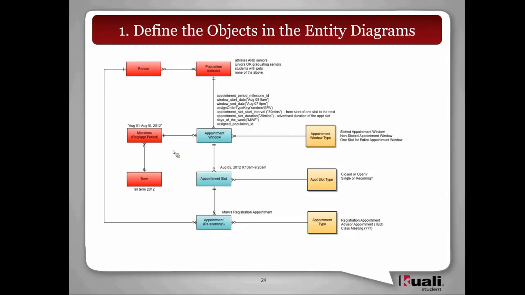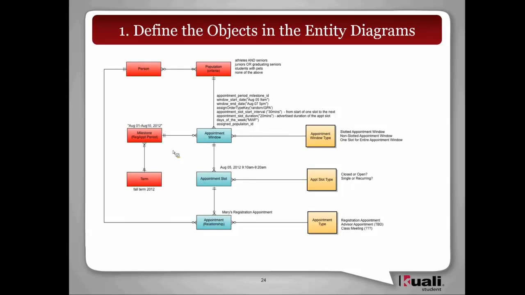When we design these things, we start putting the types out here, and we start listing some ideas of what they might be. In this example, when I took this snapshot, you can see there's this thing called a slot type. Well, what might that be? What kind of a type might be in it? Maybe it's a closed or an open slot, or maybe it's single or recurring.